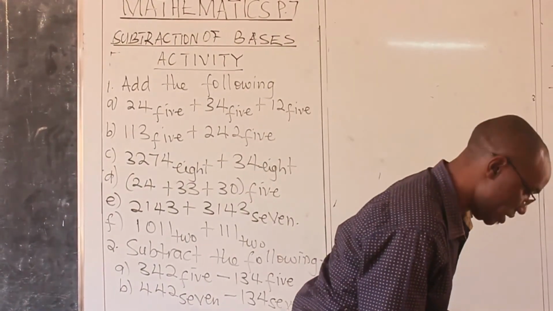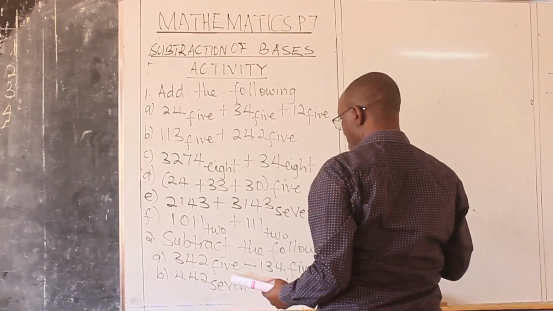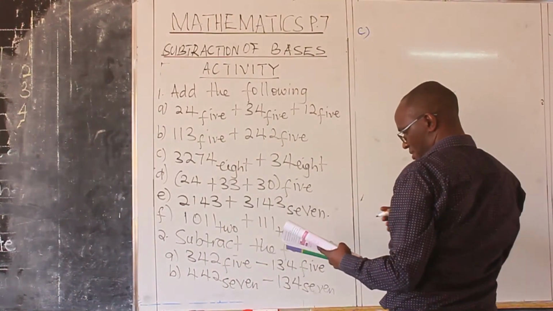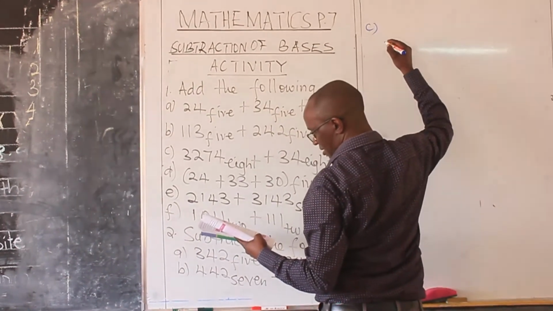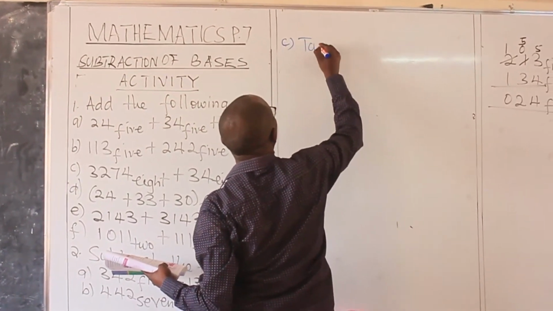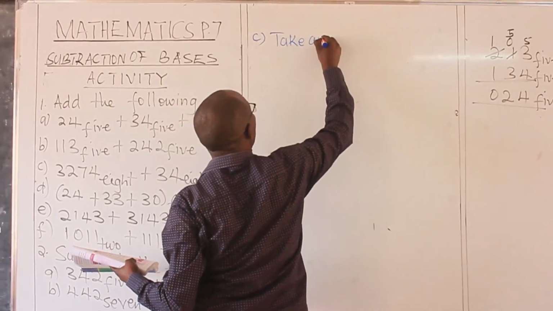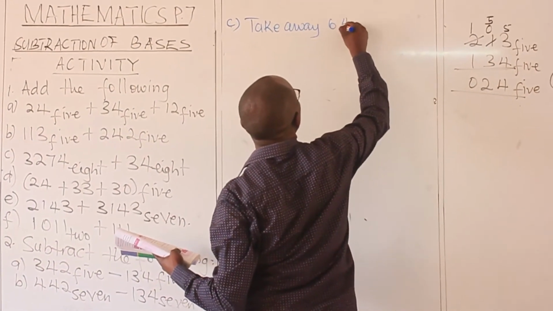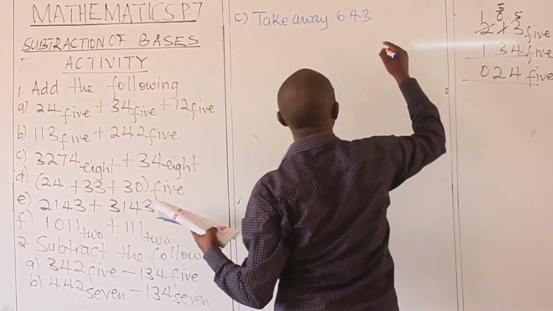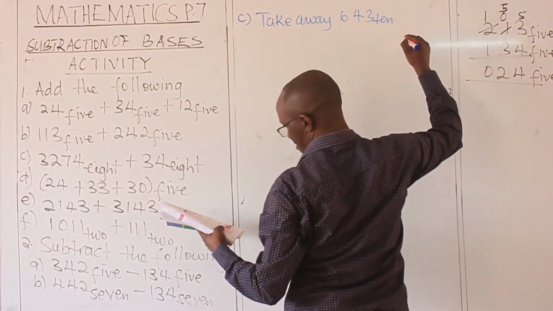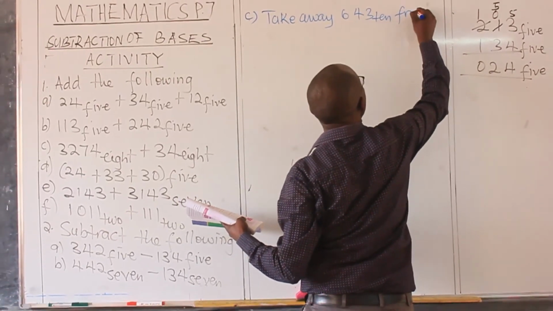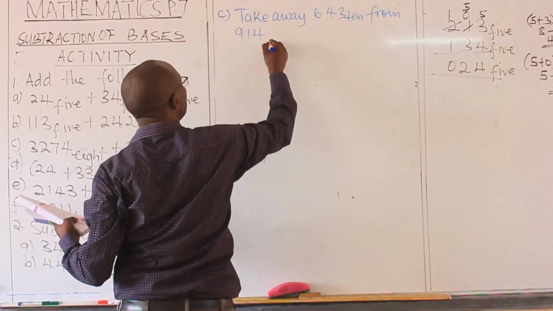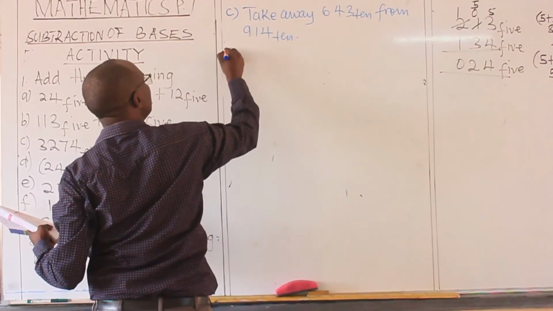We go to part C. Take away 643 base 10 from 914 base 10.